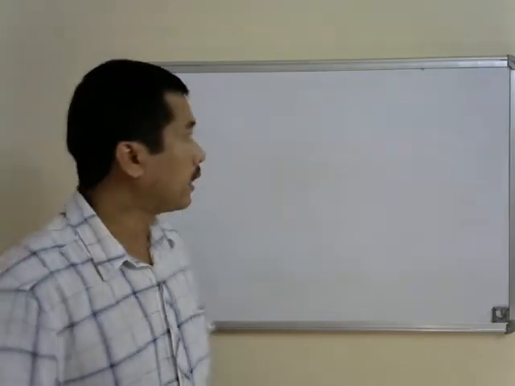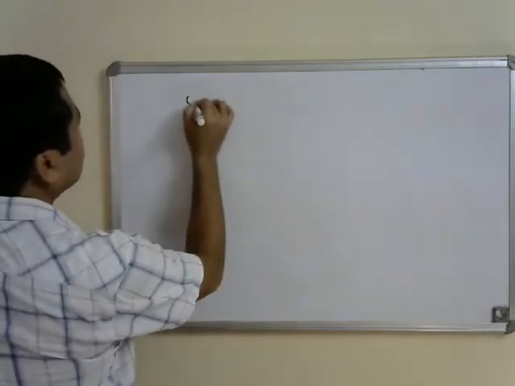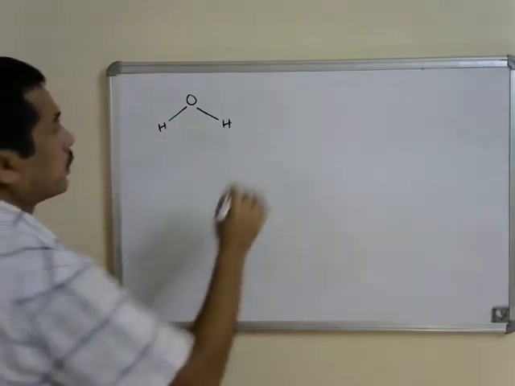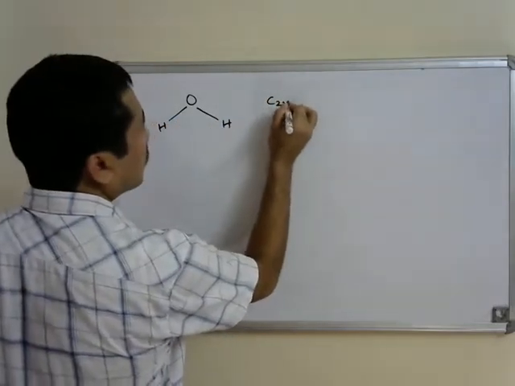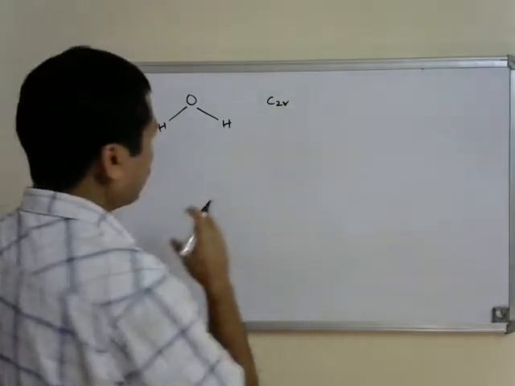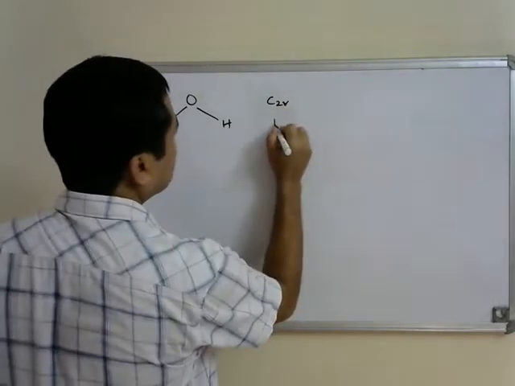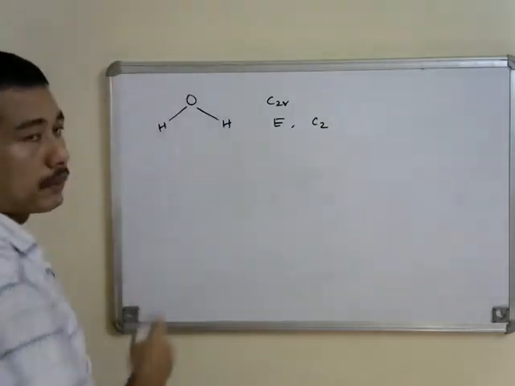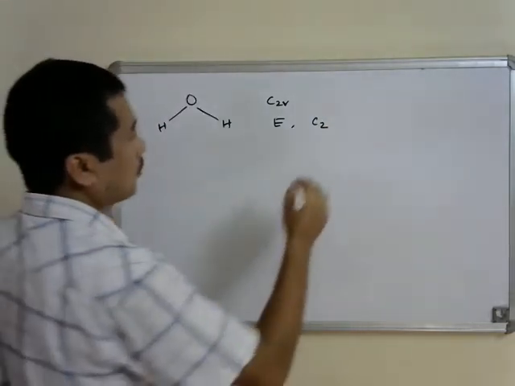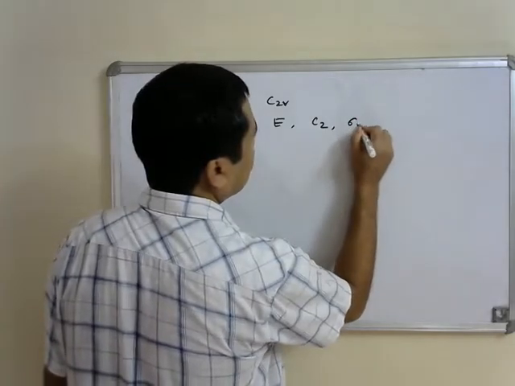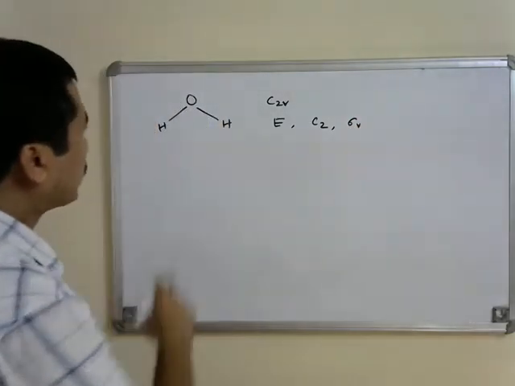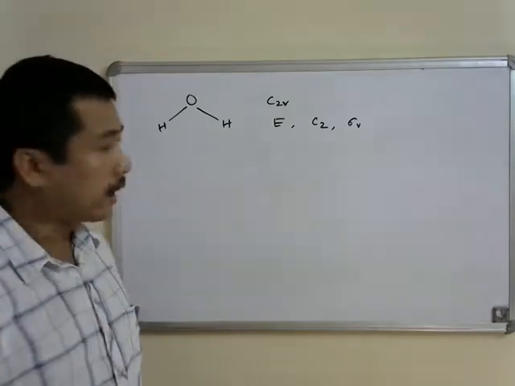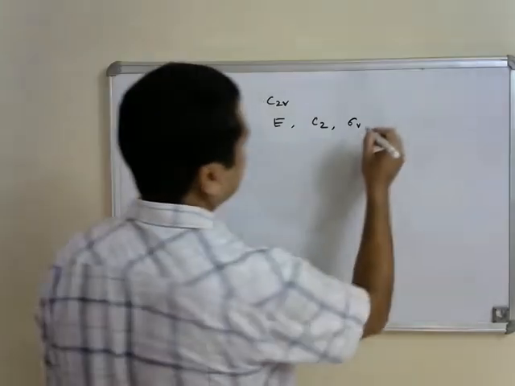So let us take the water molecule, which has a C2v point group, we know, and it has symmetry operations: identity, a C2 axis of symmetry passing through the oxygen atom, and two sigma v. That is, one sigma v is the molecular plane of symmetry, and the other one is the one which bisects the molecule.